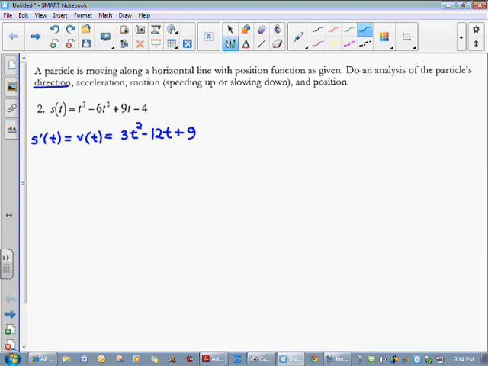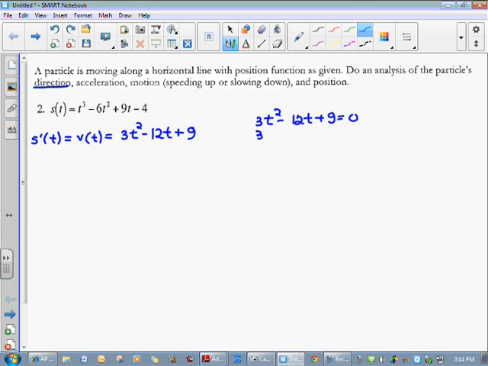There's a very important concept that I want us to tackle first, and that is to figure out when this particle is stopped, because some very interesting things may happen when the particle is stopped. Well, we can set this derivative equal to 0. As I set this equal to 0, I'm going to do some factoring as well.